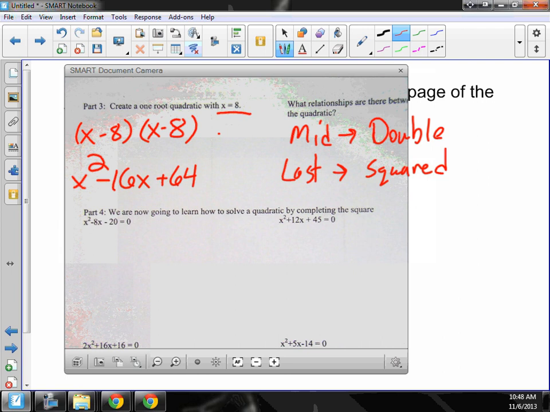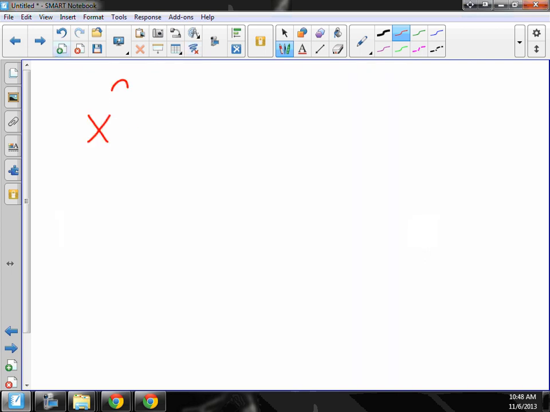So we're going to do a little trick. So you can put your pencils down as soon as you finish writing that. What happens if I give you part of a quadratic and you don't know the last term? Can you figure it out? So if I gave you x squared plus 4x, can you tell me what goes here to make it a perfect square?